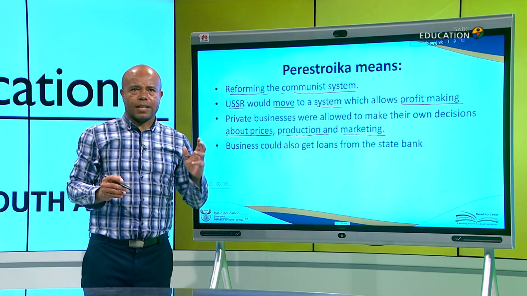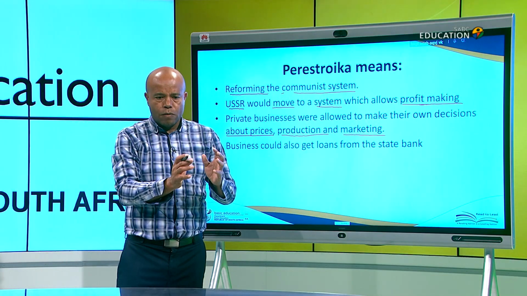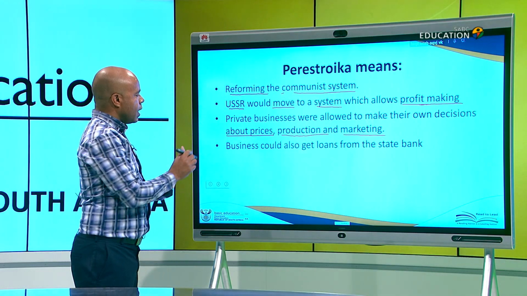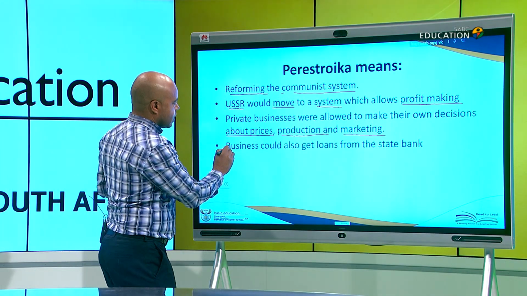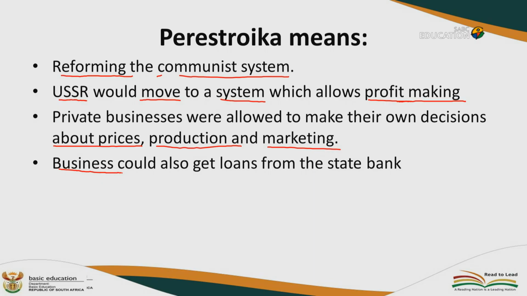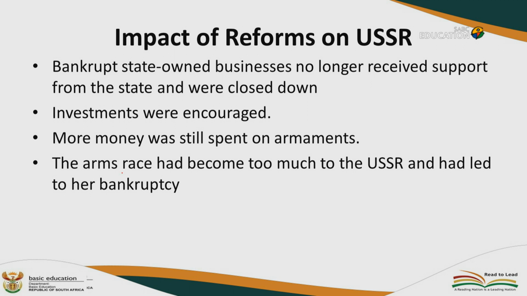These were signs that Russia was moving from communism over to capitalism. Businesses could also get loans from the state. So Russia introduced these two reforms to bring changes within Russia itself.